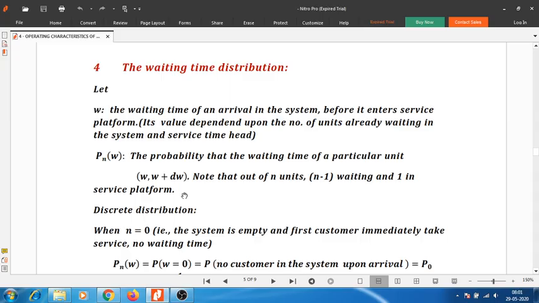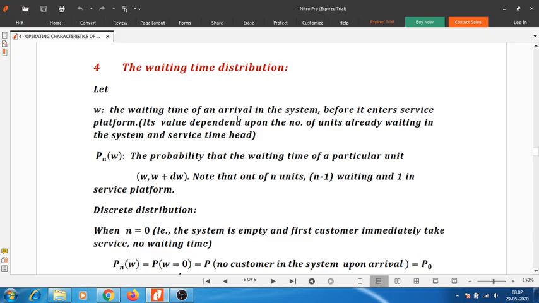Now my interest is we would like to derive the waiting time distribution. Agreed? Right. Let W be the waiting time of an arrival in the system. Why? Because he waits before he enters the service platform. He is demanding the service from the service station.